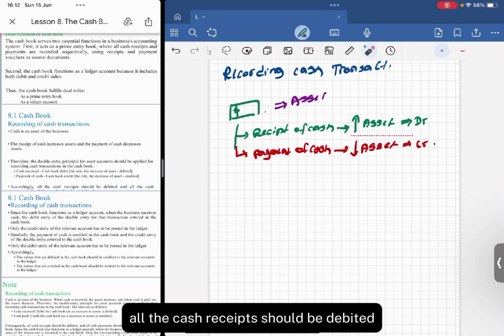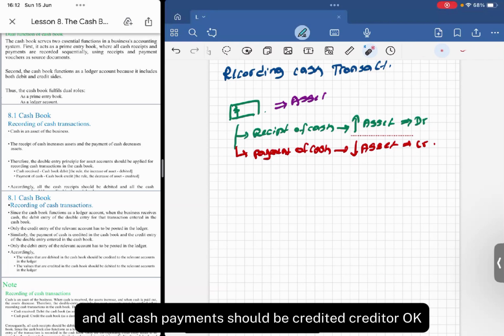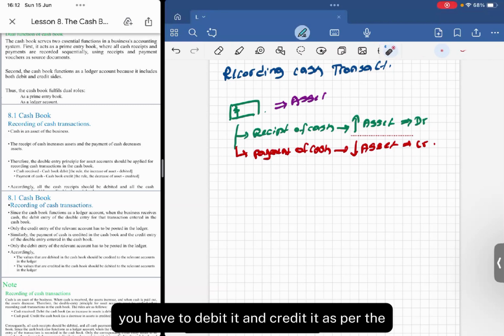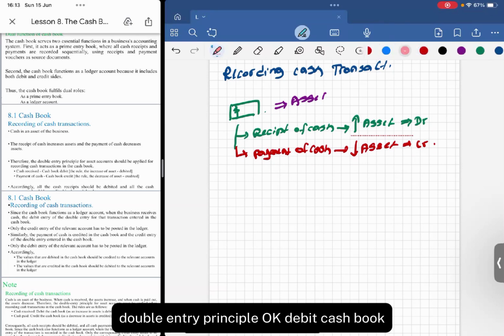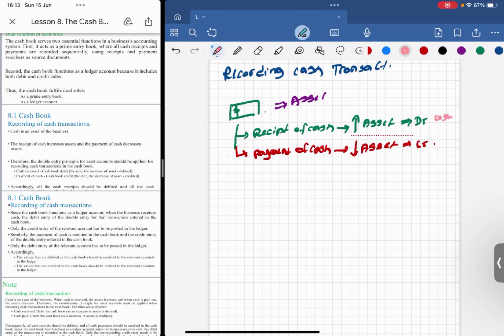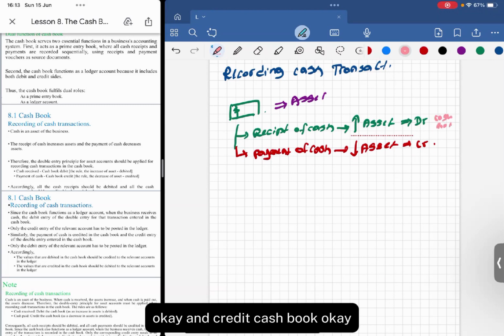Accordingly, all the cash receipts should be debited and all cash payments should be credited. So you have to debit and credit the cash book as per the double entry principle.